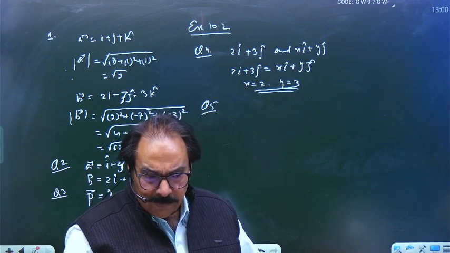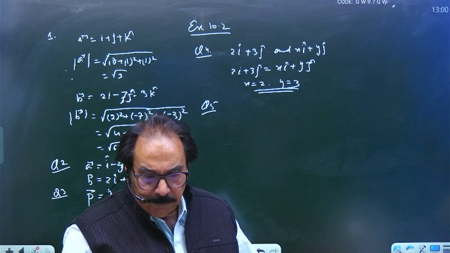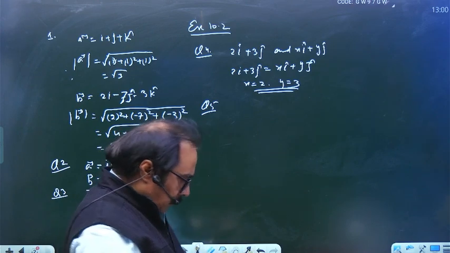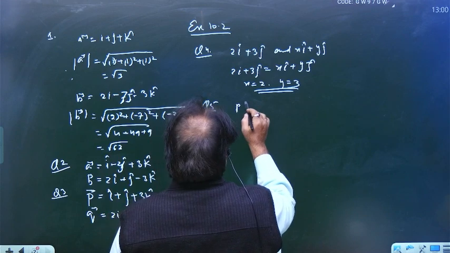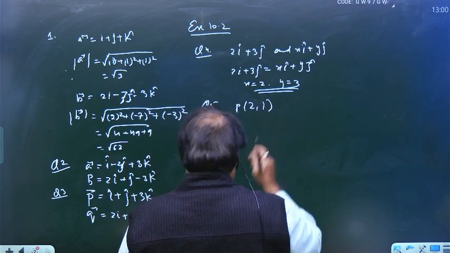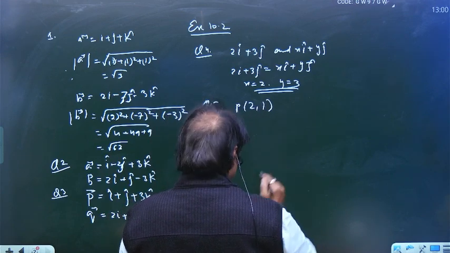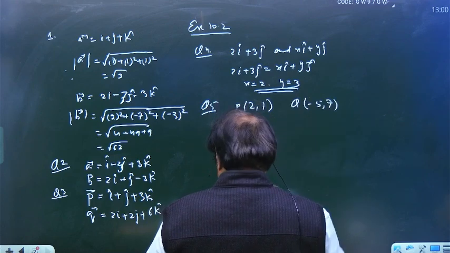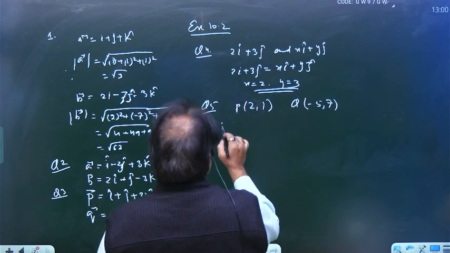The fifth question is, find the scalar and vector components of the vector with the initial point 2, 1 and terminal point minus 5, 7. So if the point P is 2, 1 and the next point Q is minus 5, 7, we have to find the vector PQ.